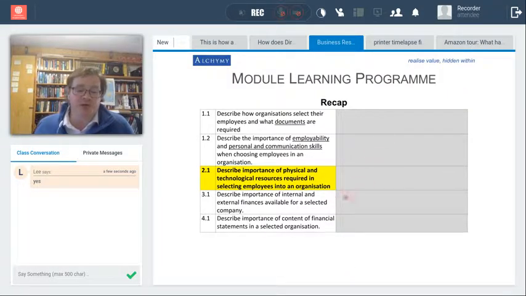So in our module learning program, these are the criteria we're starting to deal with, and we've talked a bit about the first element already, in terms of the recap on how organizations select their employees and the documents they require. Well, we mentioned things like the job design, or analysis and design.